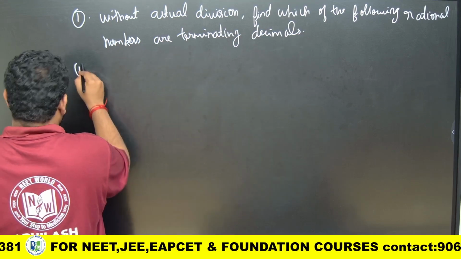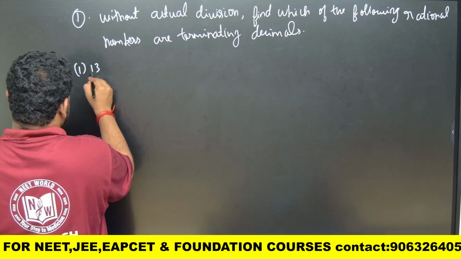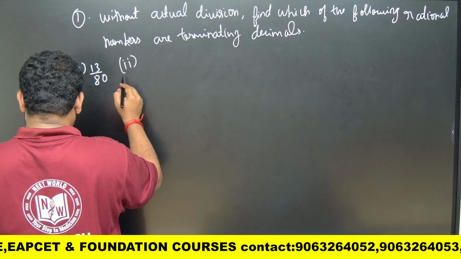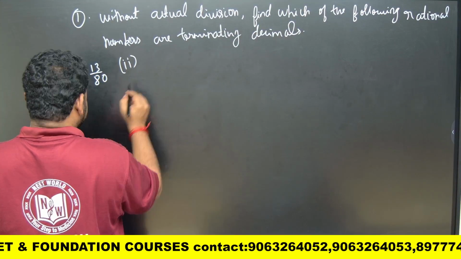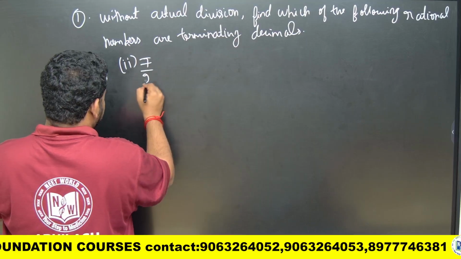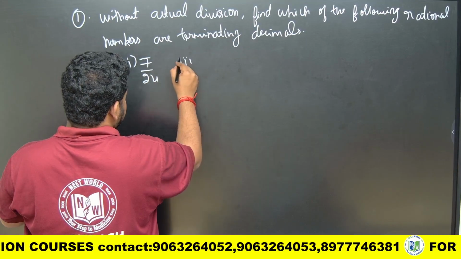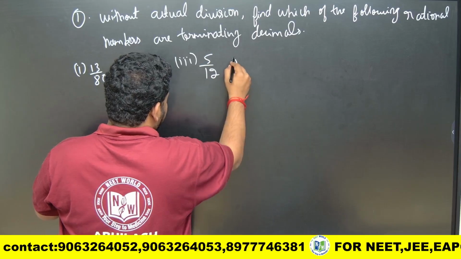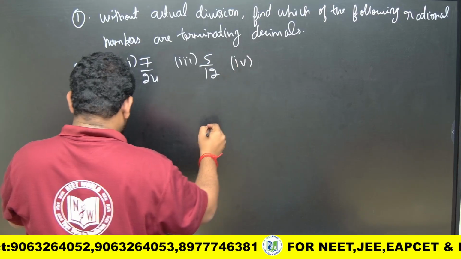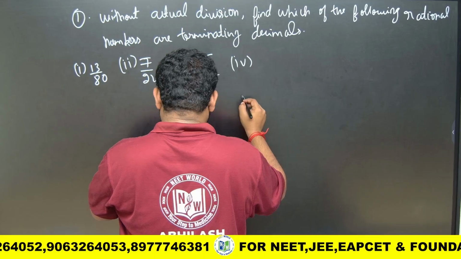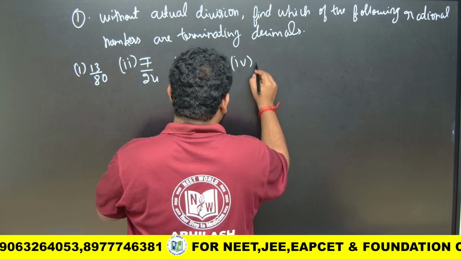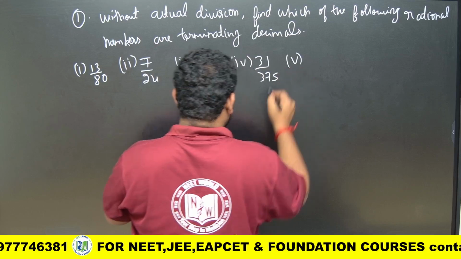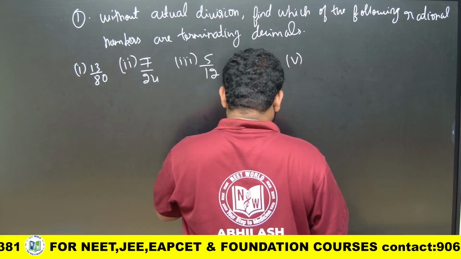First question is 13 by 80. Second question is 7 by 24. Third question is 5 by 12. Fourth question is 31 by 375. Fifth question is 16 by 125.